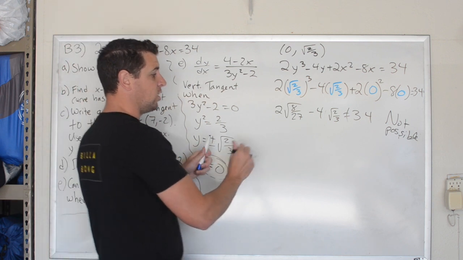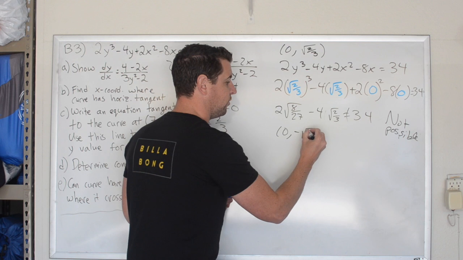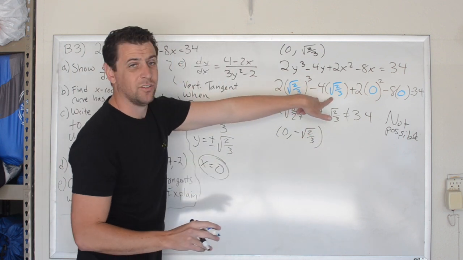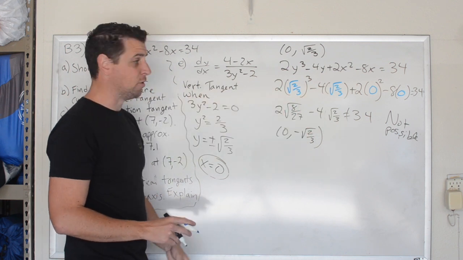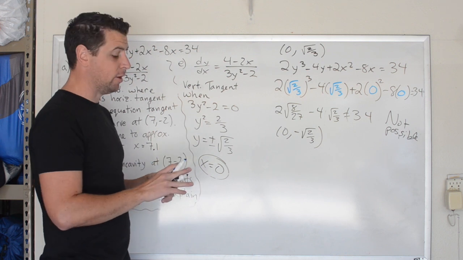The other point I would then check would be 0 comma negative radical 2/3. Nothing else cool is going to go on here where stuff is all of a sudden going to add up to 34. So I can already predict it's not going to be possible, but I want to show my reader that I know what I'm doing.